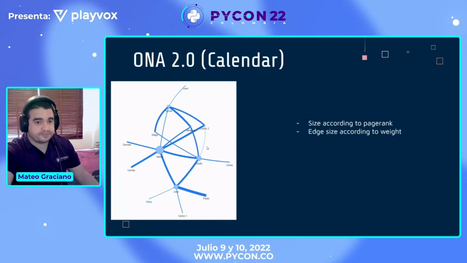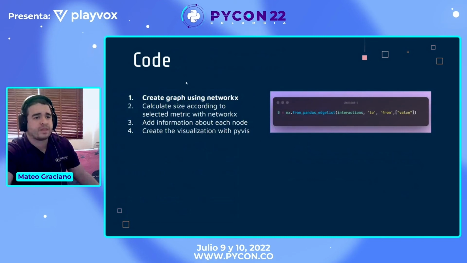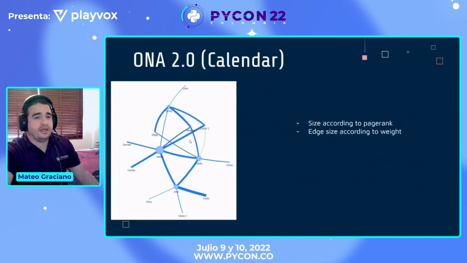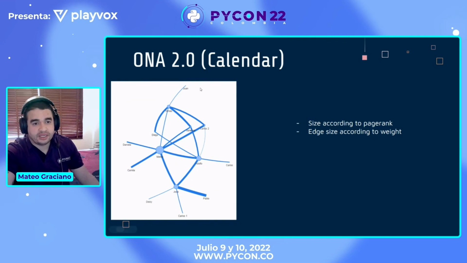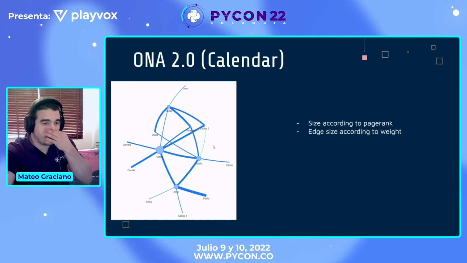And with this, we will be able to see that, according to the page rank, the most important person will be Mateo, then Adolfo, Jose, and so on.